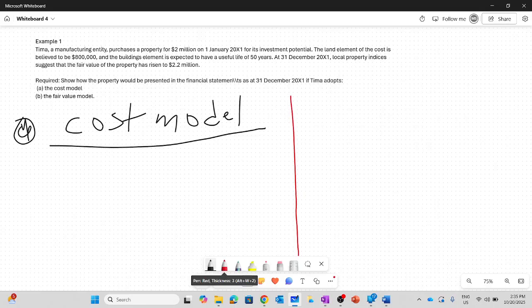The principle about the cost model is simple. We need to account for it using the cost and the depreciation. So we look at the workings.